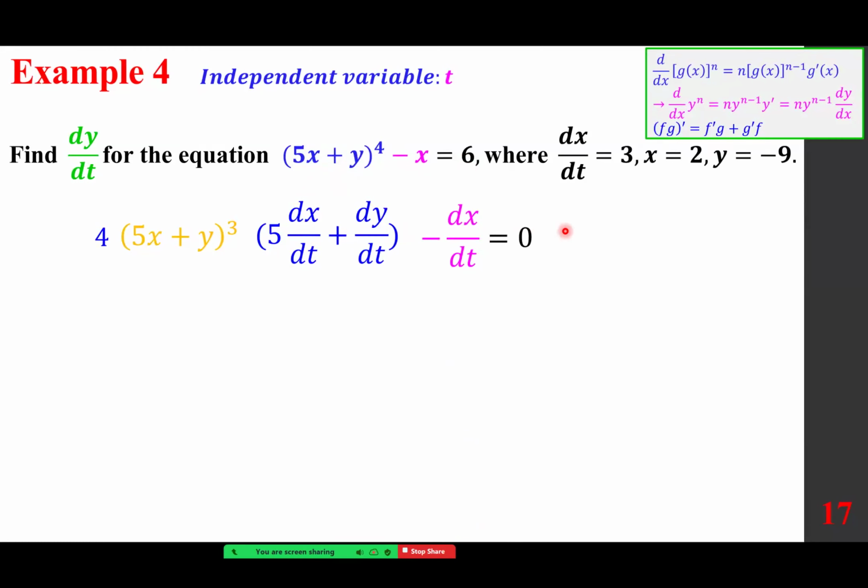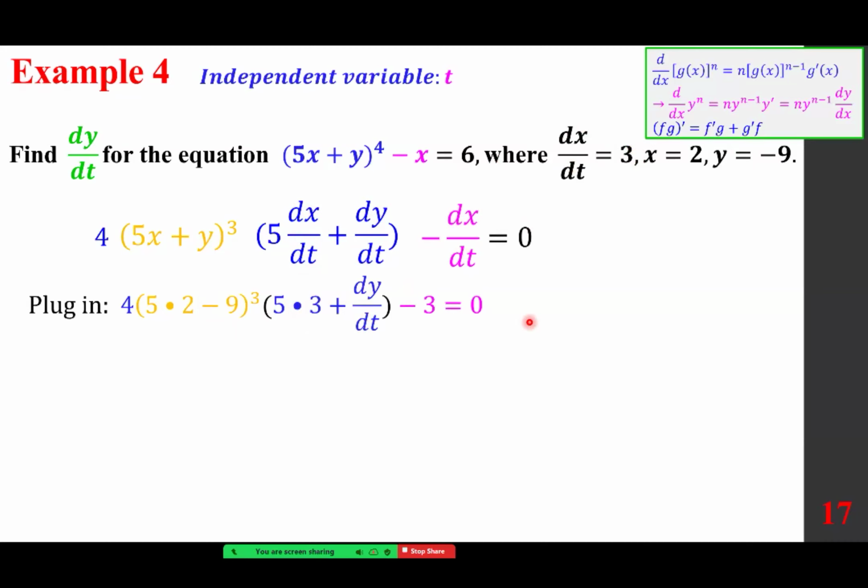This is the only calculus step, everybody. Plug in, which means replace the x with 2, y with negative 9, dx/dt with 3, dy/dt is missing. We are solving for dy/dt. Minus dx/dt is 3.